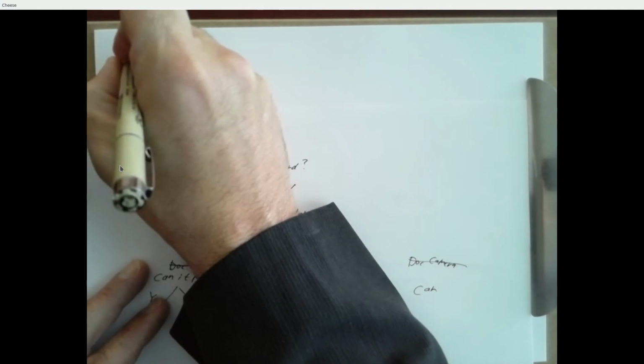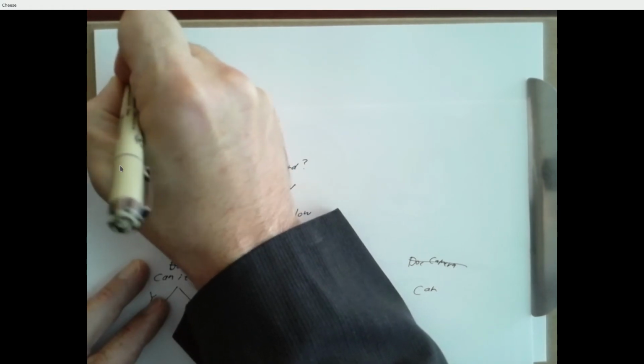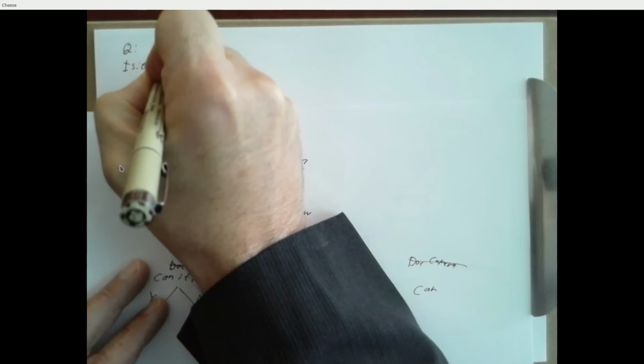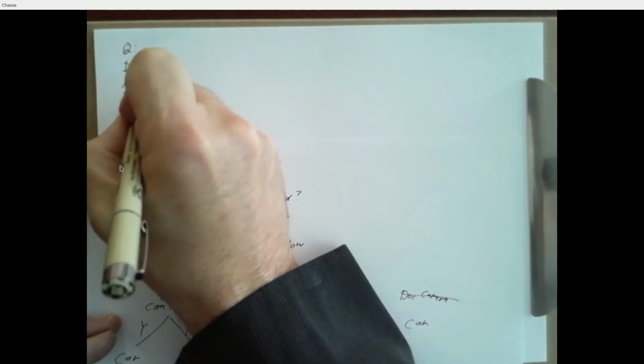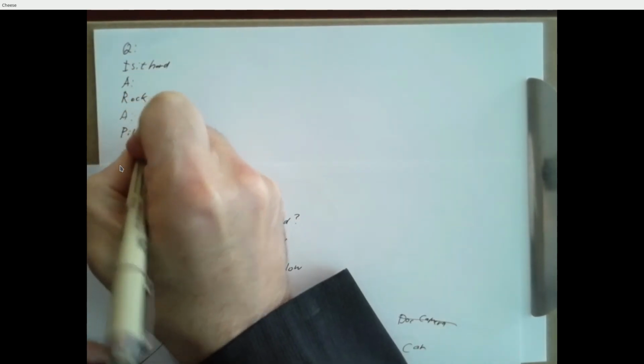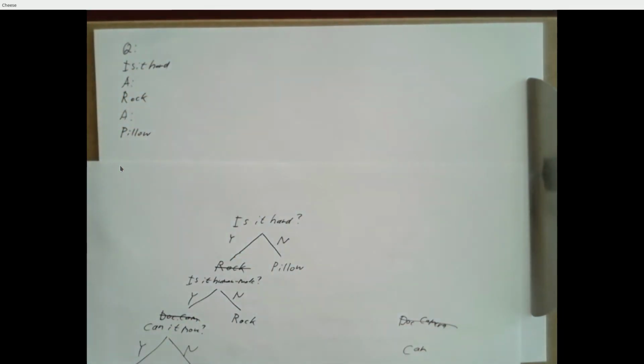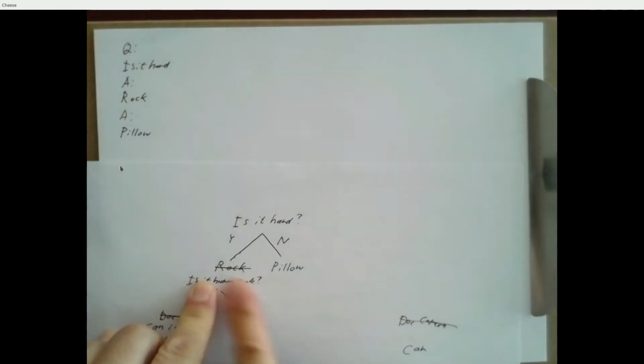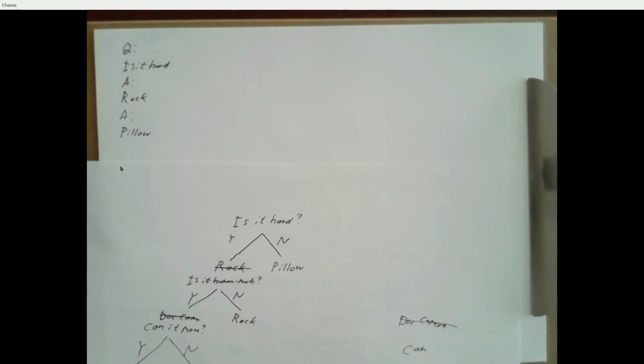Here's a question: Is it hard? Here's an answer: It's a rock. Here's an answer: It's a pillow. Okay, so that would be a 6-line file for this initial tree that we had.